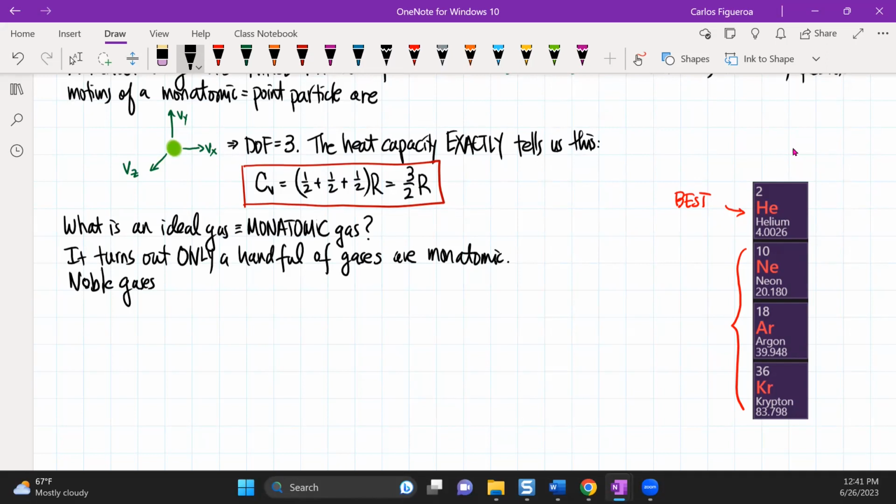But anyways, the noble gases as well as hydrogen, nitrogen, and what's the other one? I believe it's oxygen. We have to Google this. I'm pretty sure these are the 3.